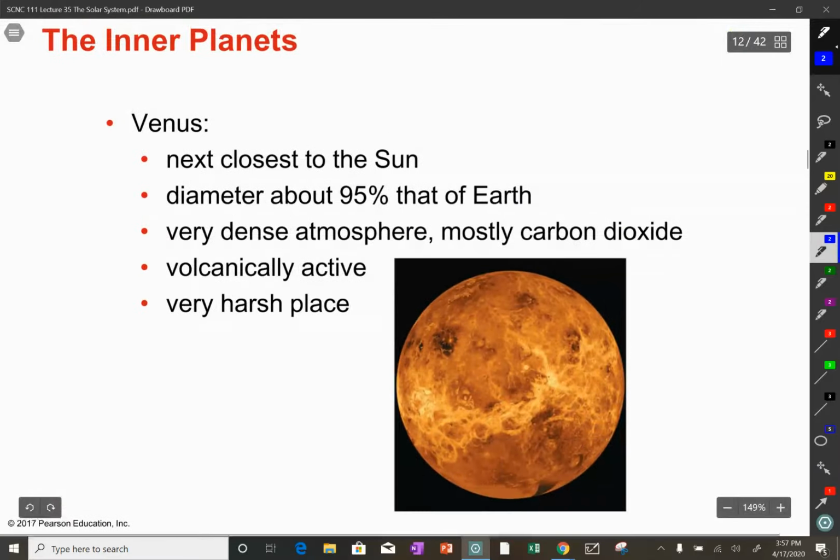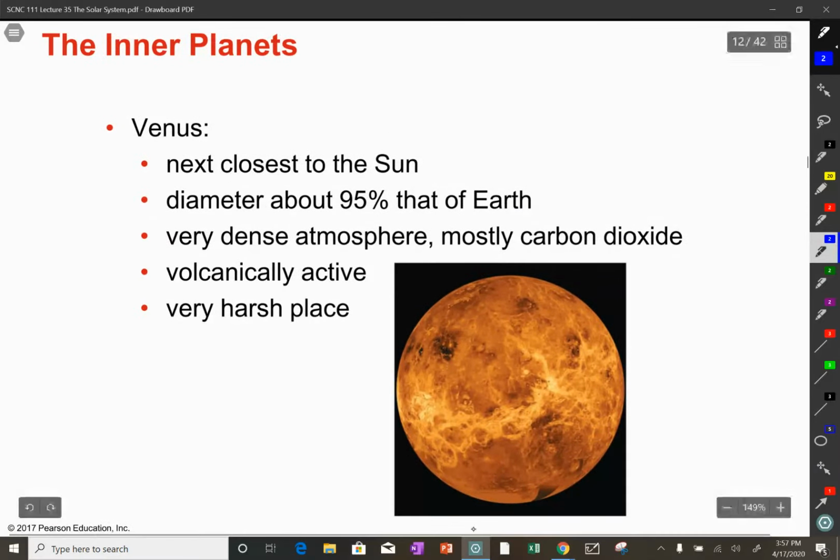The next planet, Venus. Venus is the female planet. By international convention, all but I think it's 2 places that are neutral have female names. So you have things like named after Aphrodite or Sacagawea or things like that.